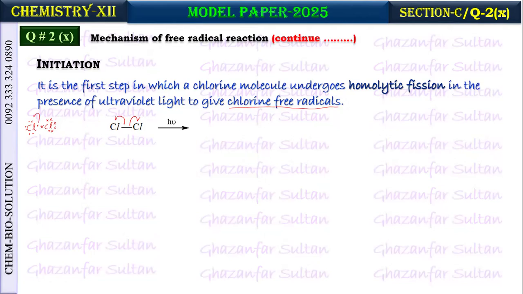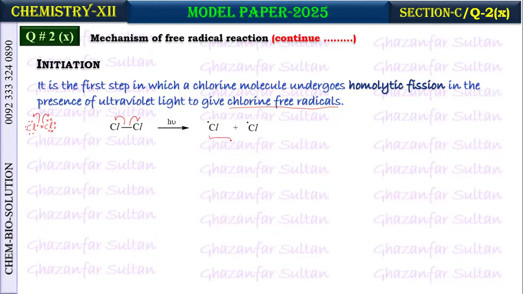This is shown by a half-headed arrow. This is the standard representation that shows the transfer of only one electron. So we use this half-headed arrow, and as a result, it generates two chlorine free radicals. We don't need to show the lone pairs of electrons, just one dot is enough to show that these are free radicals.